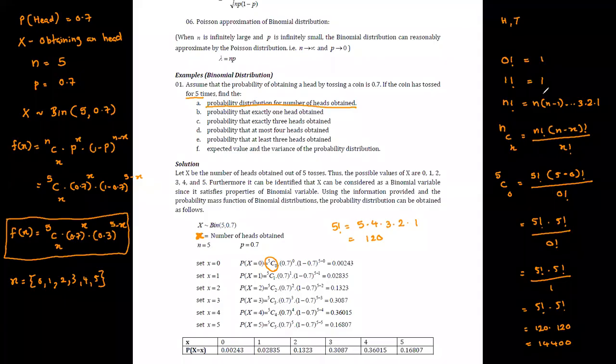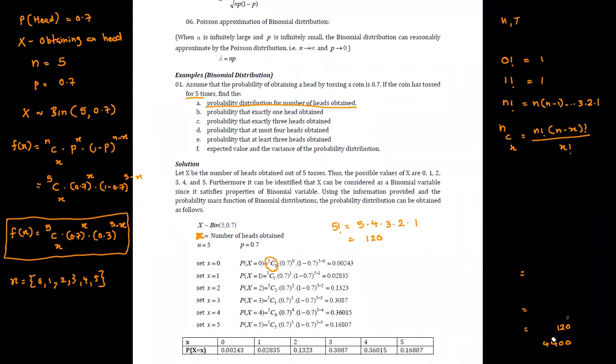Here there is a mistake which I have made. I have written this equation in the wrong way. I have just swapped the numerator and denominator. Therefore, it should actually be written as nCx equals n factorial divided by x factorial times n minus x factorial.